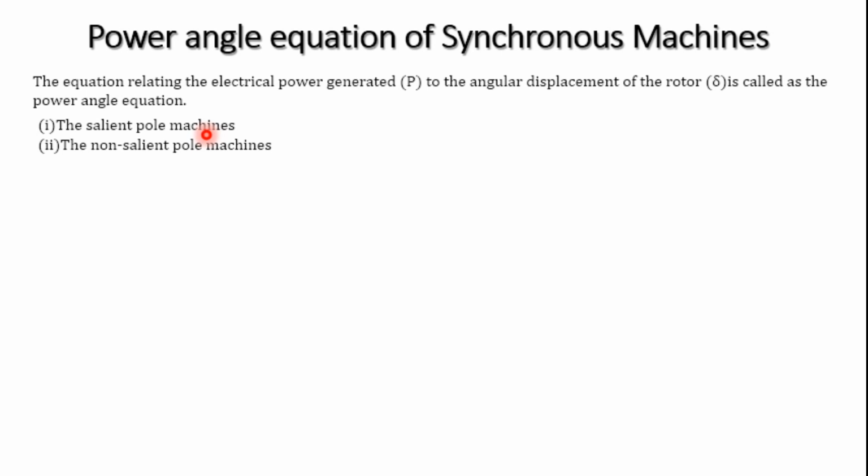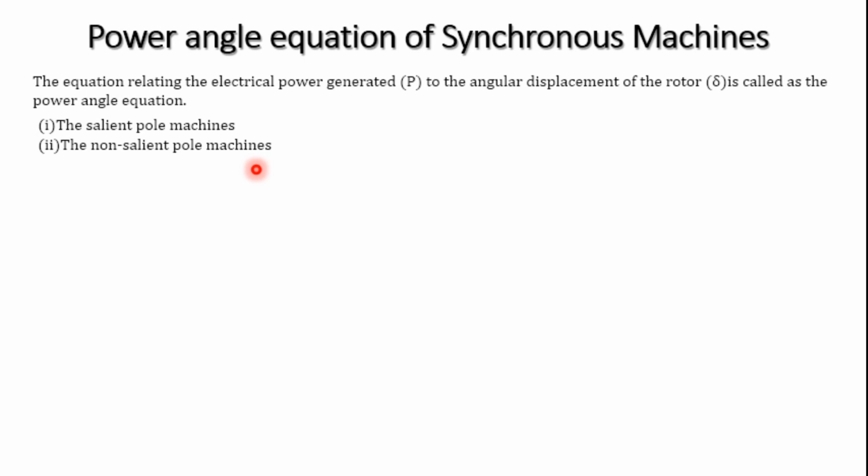Correspondingly, this machine offers a D axis reactance and a Q axis reactance to the flow of armature current. In the case of the non-salient pole type synchronous machine, the rotor consists of a cylindrical structure having a number of slots at regular intervals along the outer periphery of the cylinder for accommodating the field coils.